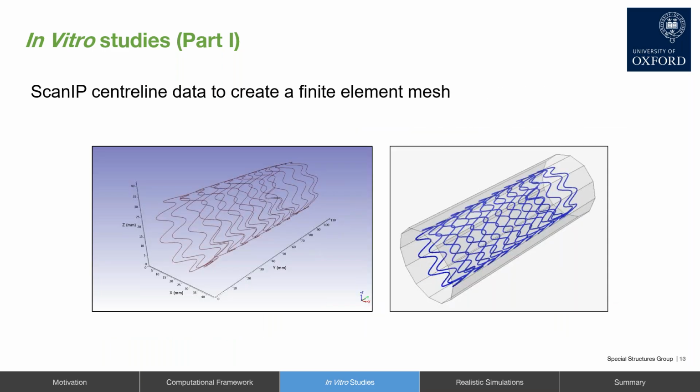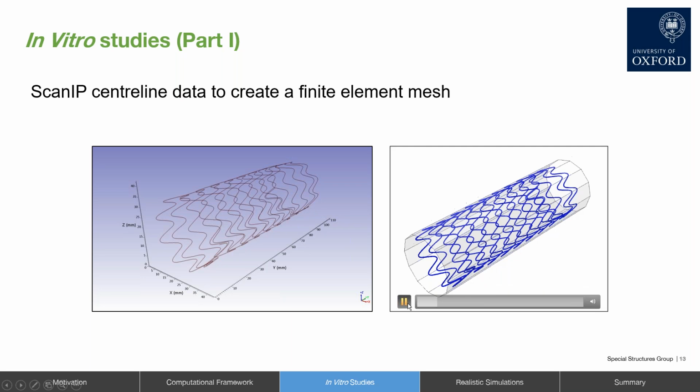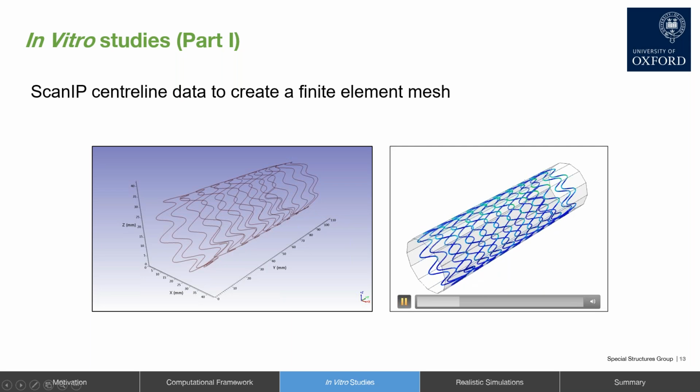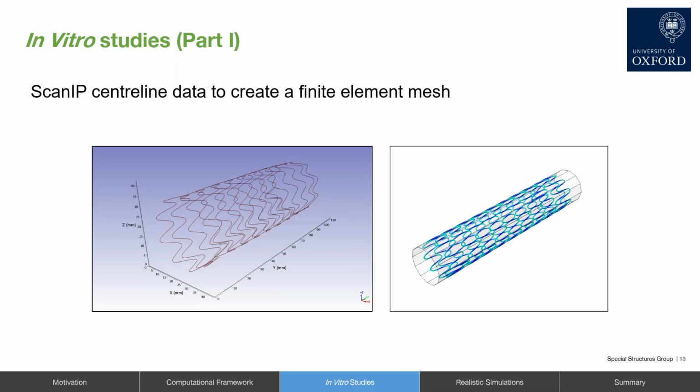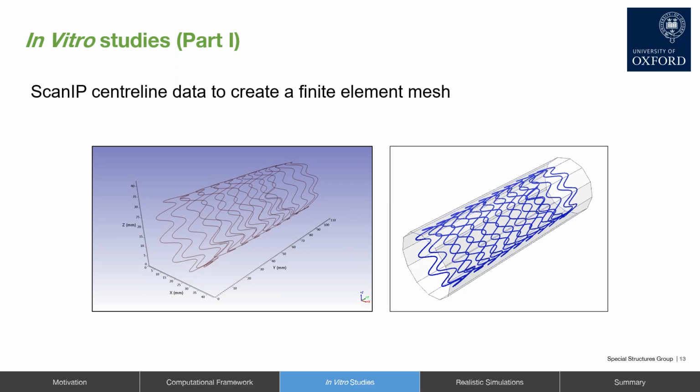Now, based on the high resolution CT reconstructions, we can compute and export the device center lines from ScanIP. And that's what we're seeing here on the left-hand side. Now, using that center line data, we can build a very good mesh to do our finite element analysis. And what we're seeing here is the so-called radial crimping experiment in a virtual environment.